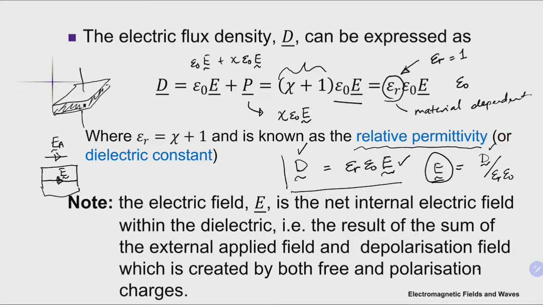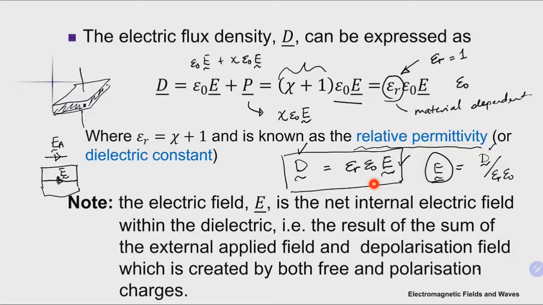This is an important equation. You must remember this. In this module, or any later module related to electromagnetics, you must remember this relationship: D equals epsilon R epsilon naught times E. This also applies not just to insulators, it also applies to air.